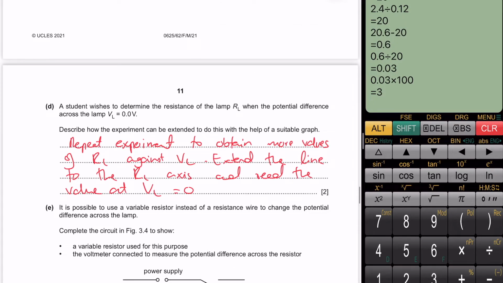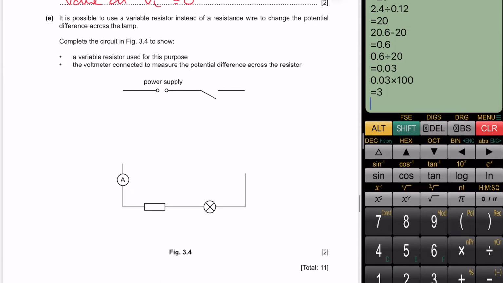So this is what we are going to do. We are going to have VL against RL, and if we have a graph like this, we'll extend it and observe the value of RL at VL equal to 0. So this is the point that we'll have to see from the graph. So anyway, this is part D.